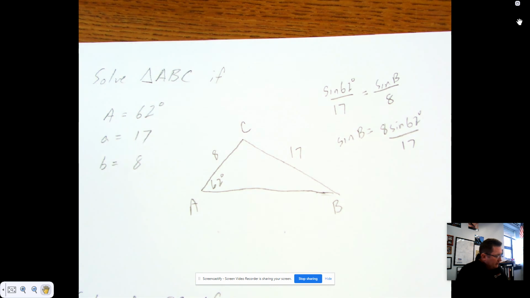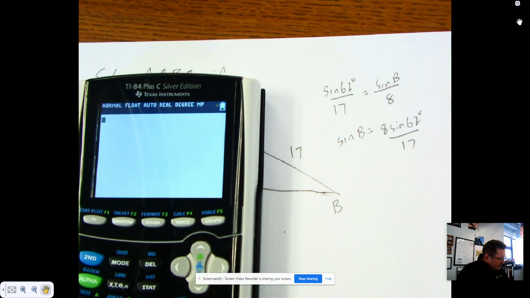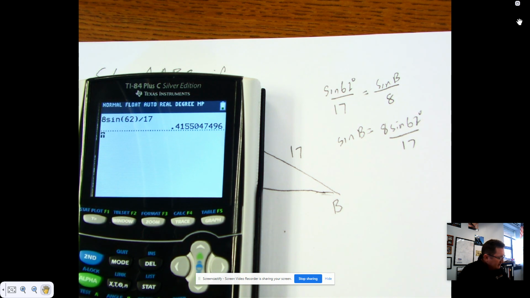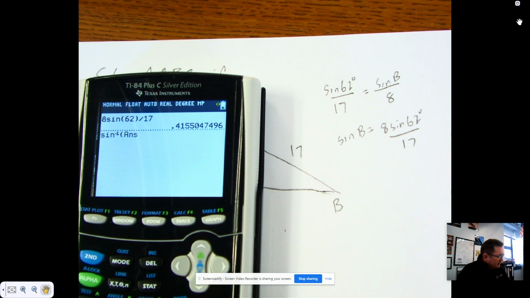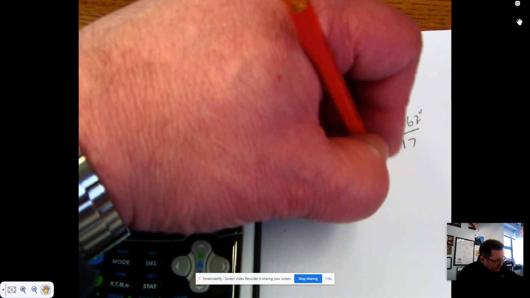We get out our calculator and type in 8 sine 62 divided by 17, and we get this number. Now again, just like on the last one, we have to know whether we're trying to find an angle or a side. We're trying to find an angle here, so we need to hit second sine. So sine inverse of that number, and we'll get that the angle is 24.6 degrees.